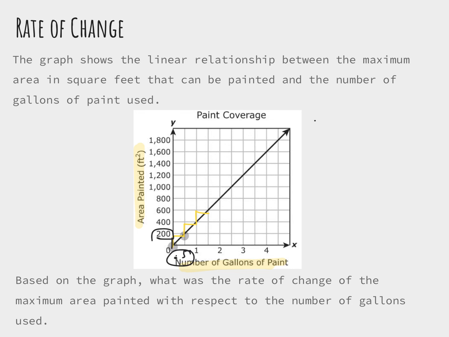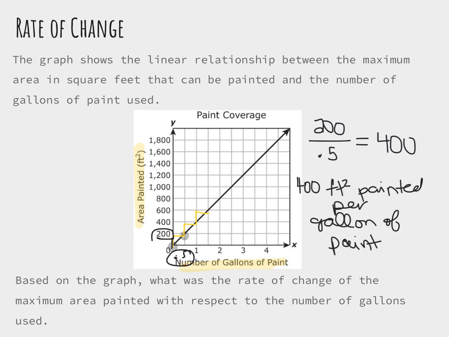So if I'm going up 200 and over by 0.5, that means that my rate of change is equal to 400. 400 what? 400 feet squared painted over a gallon of paint. So if you're looking for a complete sentence, that's what you do, okay?